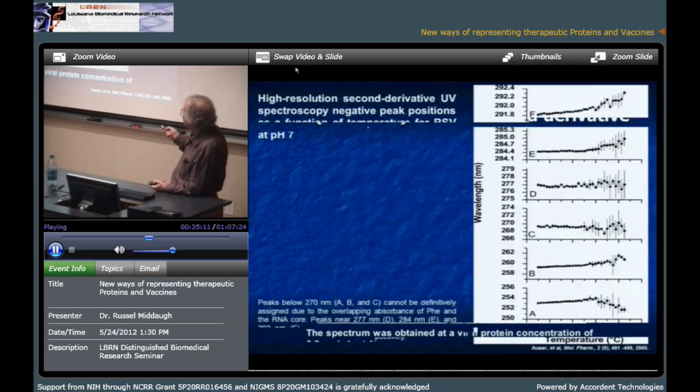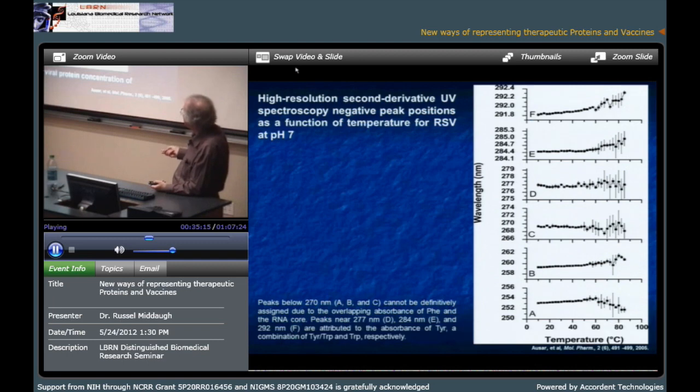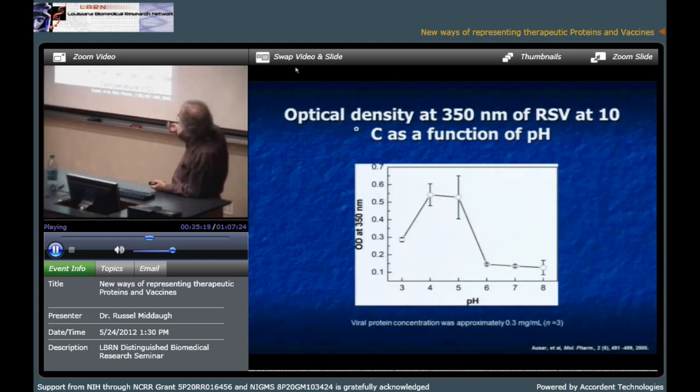Okay, here's the second derivative spectrum. So you actually have some components from the nucleic acids in addition to the protein components. Okay, here's shifts as a function of temperature at various pH values. And this is just a summary of the optical density data. It tends to aggregate between pH 3 and 6, but it doesn't aggregate up here.